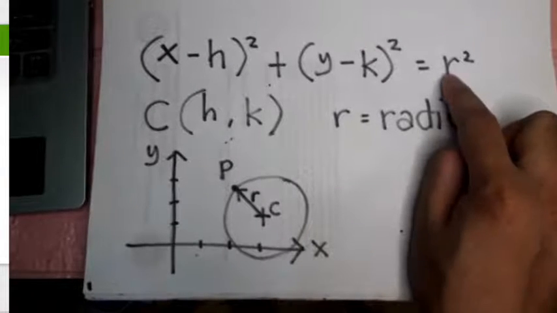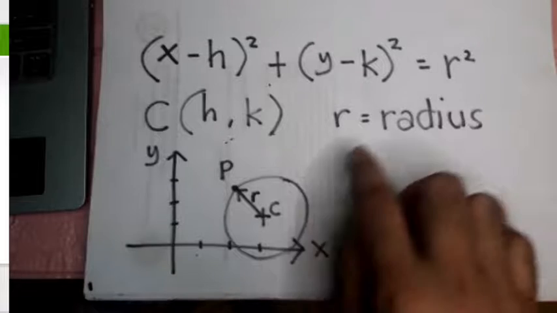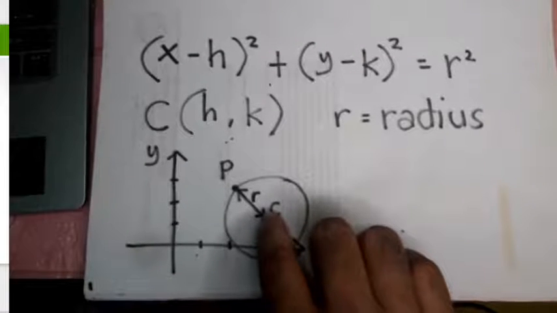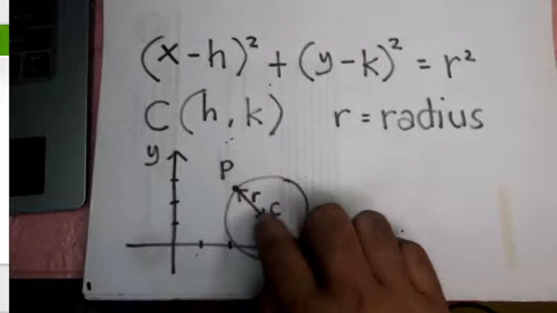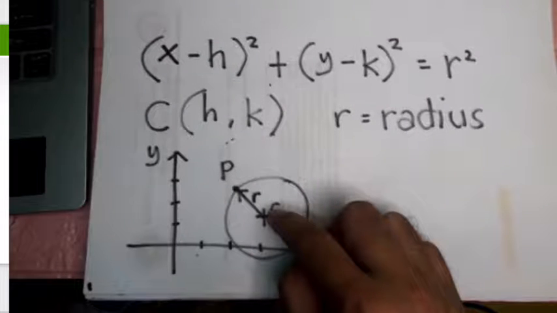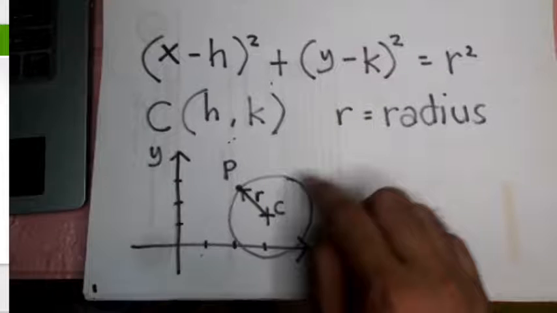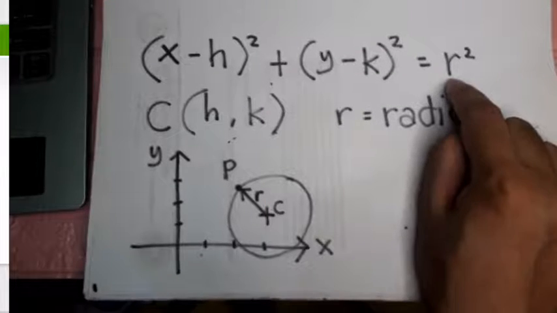If the distance from the center to the curve is constant, that is called the radius, and that radius is actually a characteristic of a circle. So that is constant. If that is constant, that is a circle. That is what we mean by circle conics.